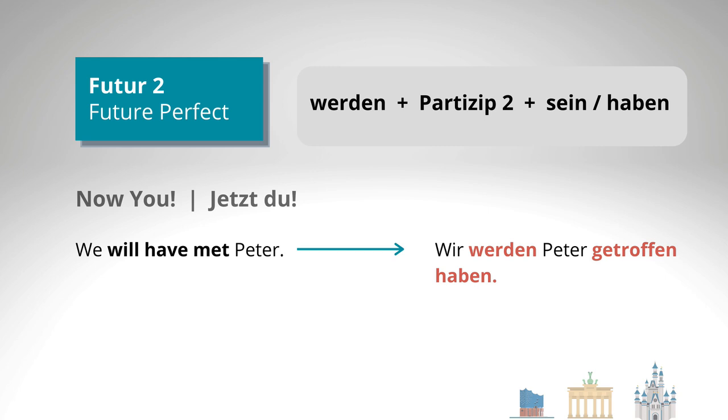Then in German we move on with Peter, because as we already learned, verb forms like this one that consist of an auxiliary verb, a Hilfsverb, and a second verb in its past participle form are separated into two. The Hilfsverb werden always goes after the subject, wir, and the rest goes at the end of the sentence. So we will have met Peter in German is wir werden Peter getroffen haben.